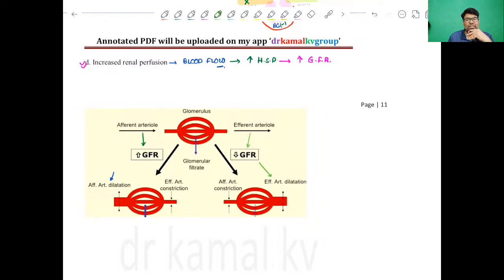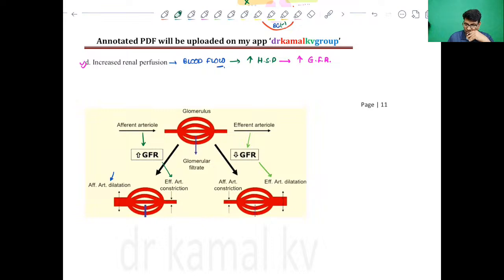So that will decrease the hydrostatic pressure and reduce the GFR. And GFR in terms of efferent will be more if there is constriction of the efferent arteriole, because more of the blood will then stay within the glomerular capillaries.